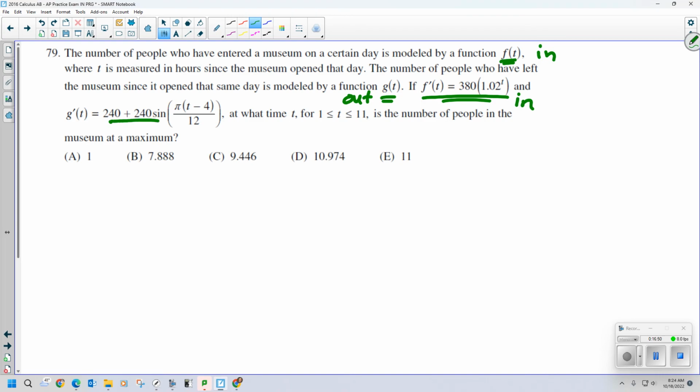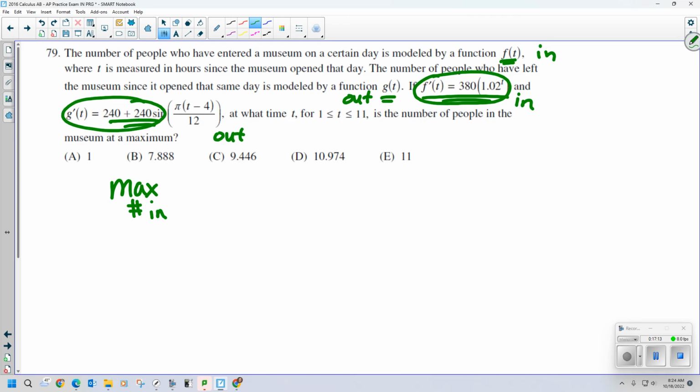This is the rate of people going out, okay? And this is logical to understand: in order for the max number of people to be in, as long as this rate is constantly bigger than this rate, the people inside will keep on getting larger and larger, the quantity of people.